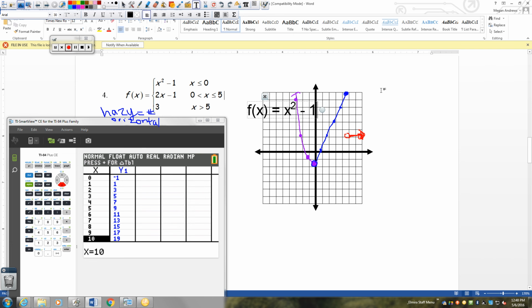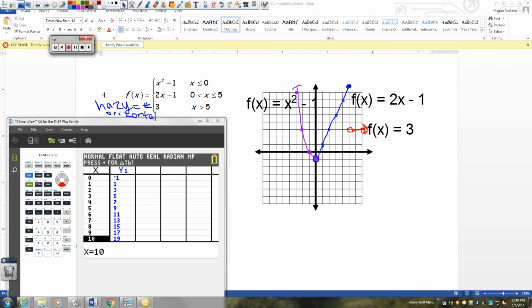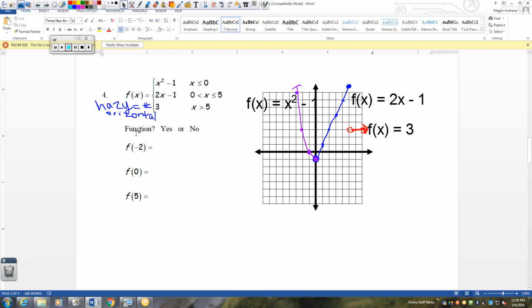This part over here, let me make another text box. And this part over here, so we got all the f of x labeling, the x squared minus 1, and the 2x minus 1, and the 3. Okay. Lastly, is it a function? It's passing the vertical line test, so yes.